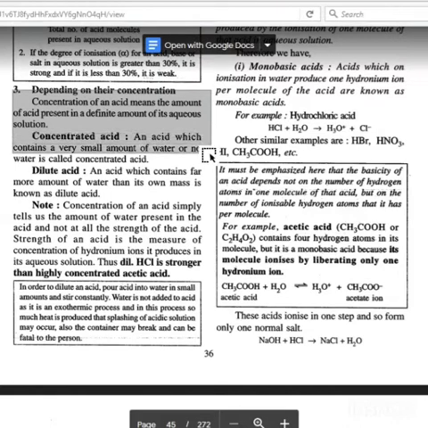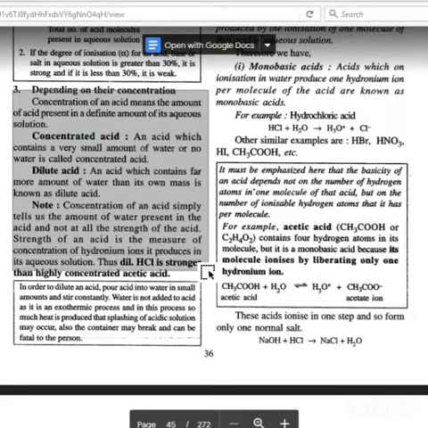If a very small amount of water is added or no water is added, then it is concentrated. And if more and more water is added, then it is dilute acid. Concentration is generally showing the amount of water present in an acid.